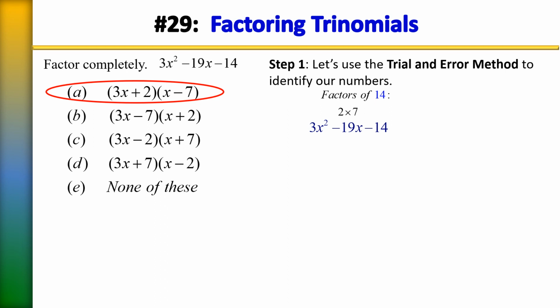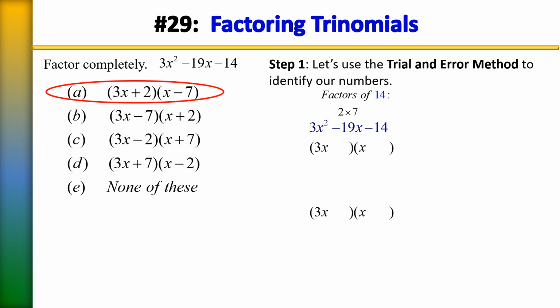With the first term of 3x squared, there's only one way that you can split that up into binomials, and that would be a 3x in one and x in the other. So we can go ahead and plug our numbers in with the 2 and 7. Remember, 7 has to be negative and 2 has to be positive.